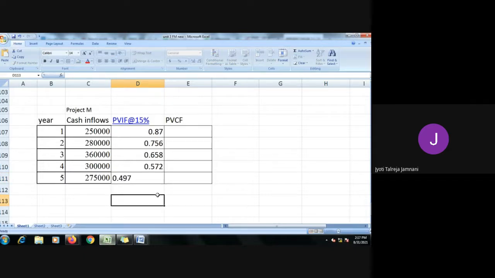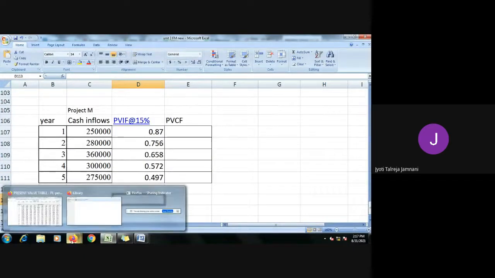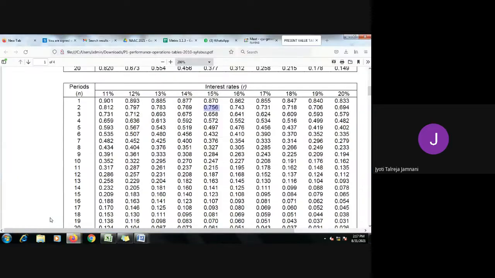Okay, hopefully I've taken the correct rates: 0.870, 0.756, 0.658, 0.572, and 0.497.